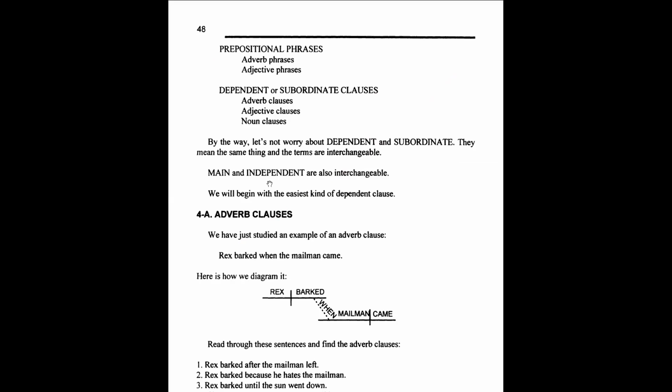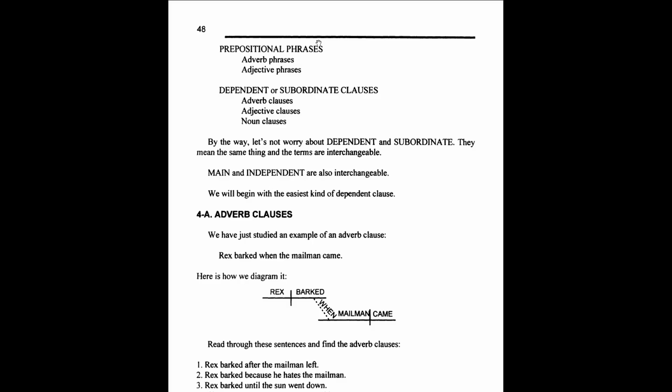You have clauses that are main or independent, which mean the same thing, and then things that are dependent or subordinate. They rely on that main and independent clause to complete the meaning of the sentence. That's what's key, to complete the meaning of the sentence. That's what we mean by dependency and independency.